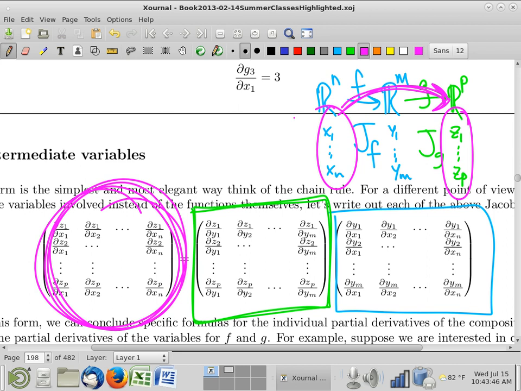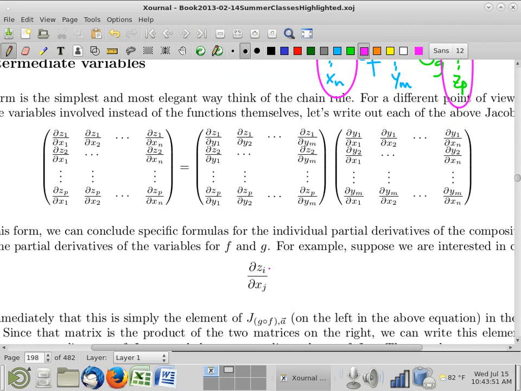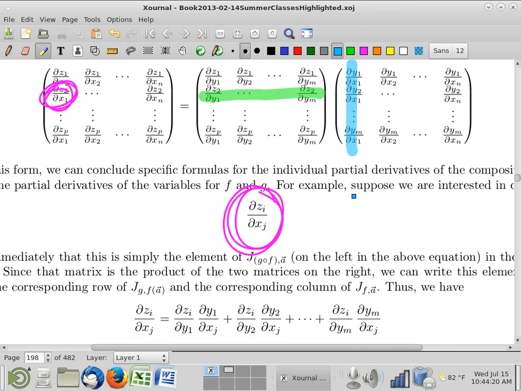Okay. Now, having made that observation, let's ask a question. Let's focus our attention on a particular entry in this matrix, and it doesn't matter. I'm just going to circle this one just to have something to point to. How would I compute that particular entry? Well, we know how to multiply matrices. We have a lot of experience with multiplying matrices. Specifically, I take the corresponding row of the first matrix, the corresponding column of the second matrix, and I do a dot product.